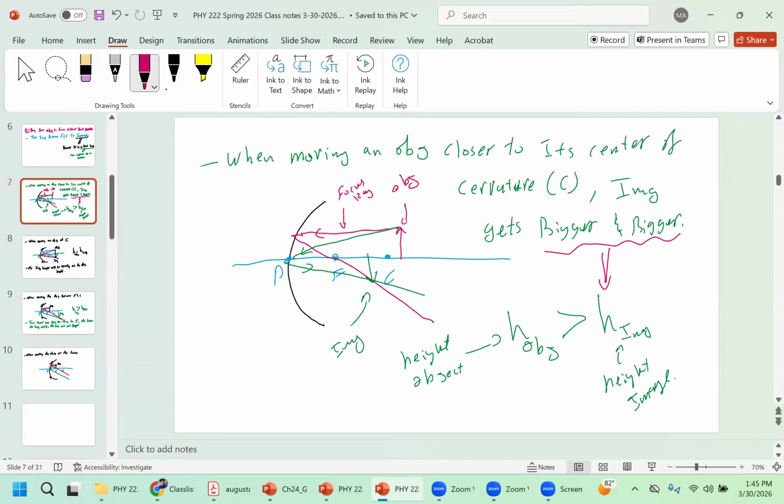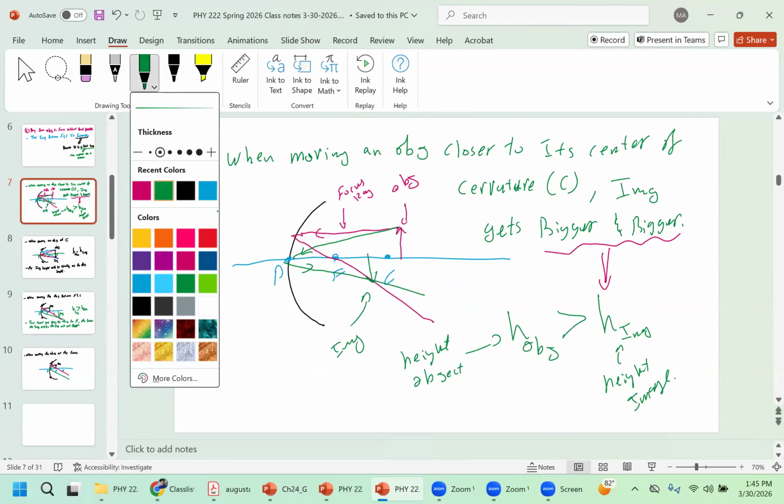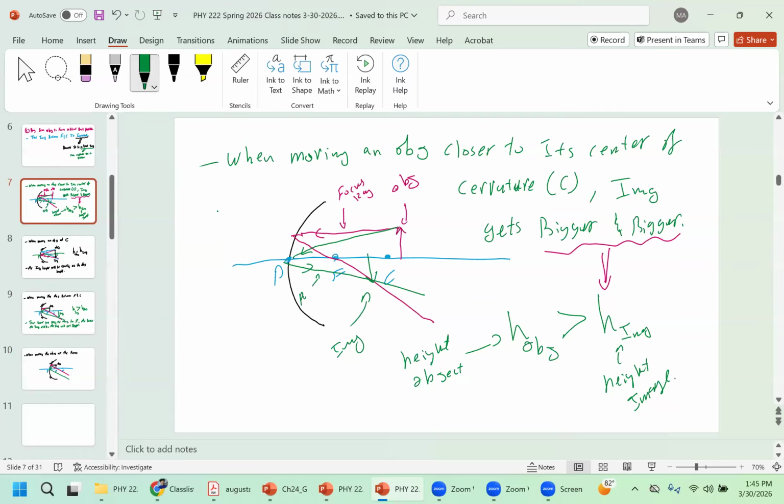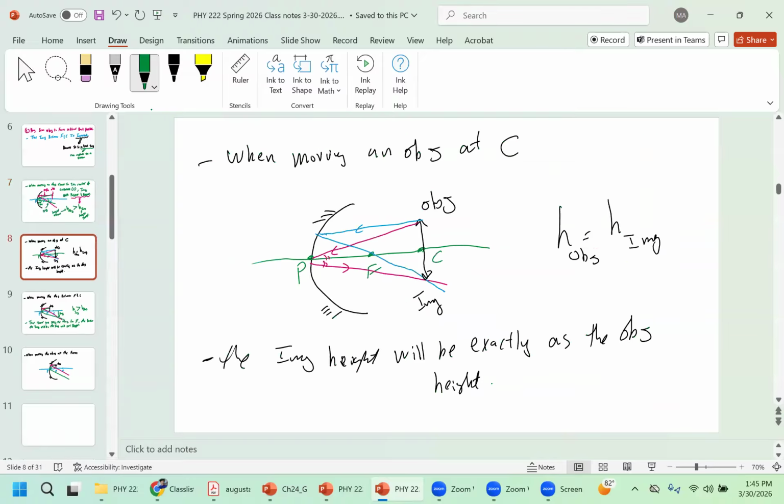Your focus ray goes into the focus. And the second one is your pole ray. So you got two rays that control this. The pole ray and your focus ray. You all with me so far?